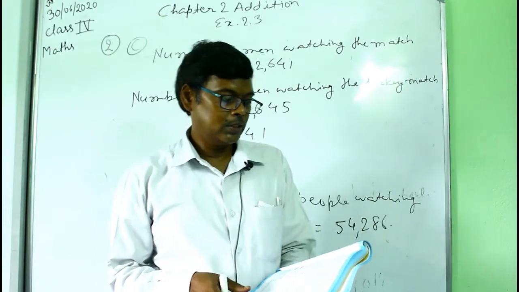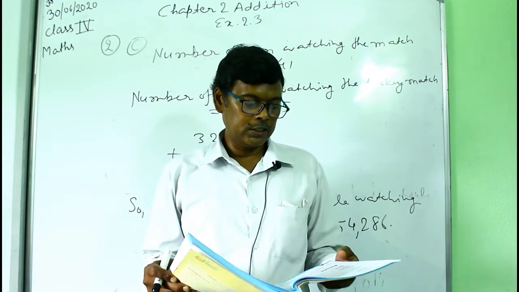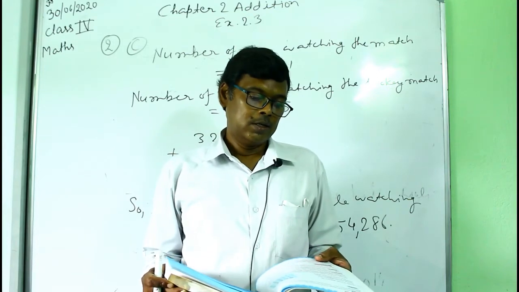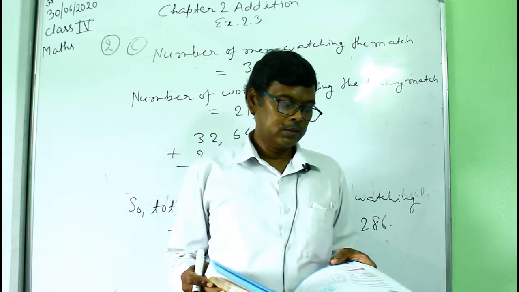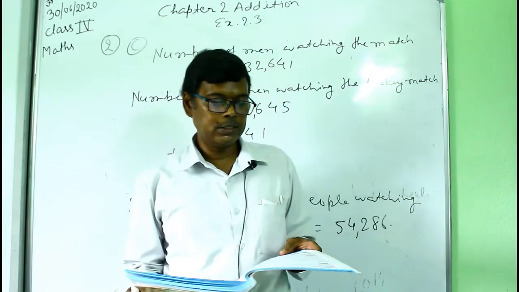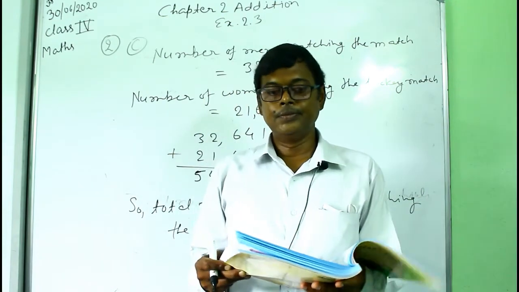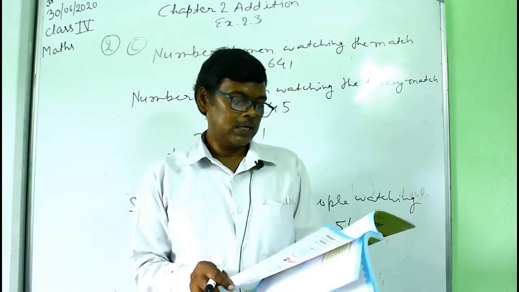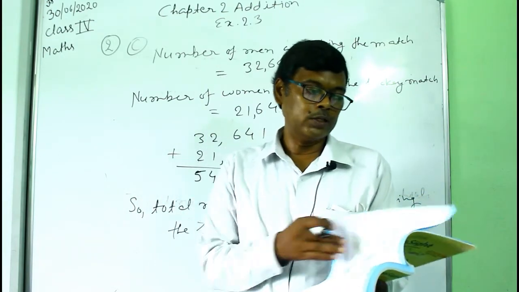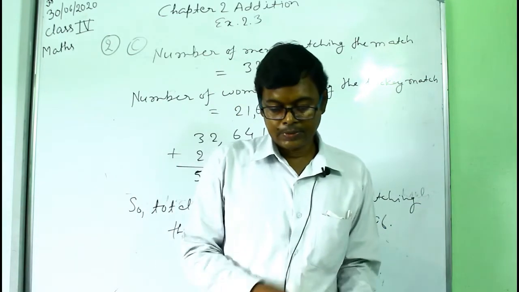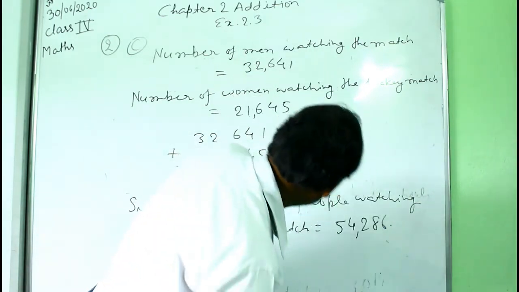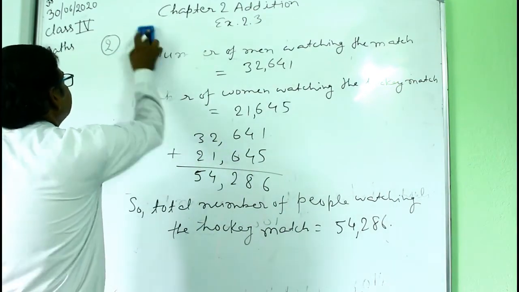So now this exercise is finished, and in this exercise you will do your homework. That is, your homework is the question number 1 A B C D and question number 2 A B C. Now the last one is exercise 2.4 in this, estimating the sum. Estimating means, what is the meaning of estimation?